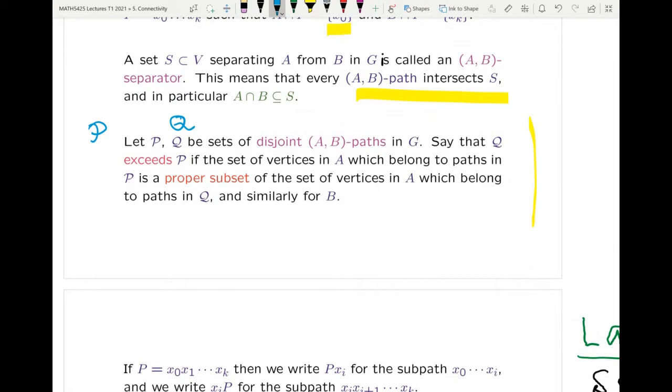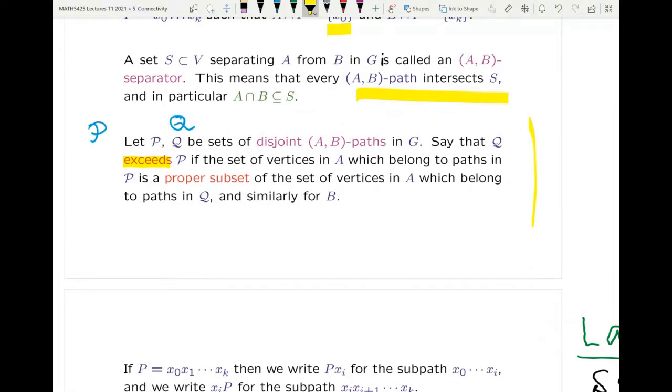And we say that Q exceeds P. It's going to be if Q has more paths than P, but it's more than that. It's to do with Q covering exactly the end vertices that P does, and then some others, and the same for the end vertices in B. So let's read the definition.